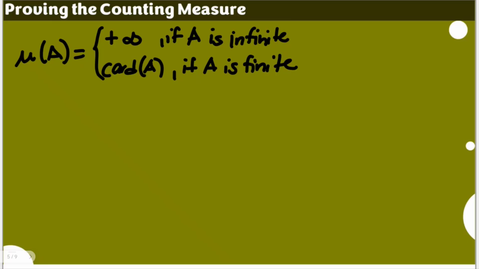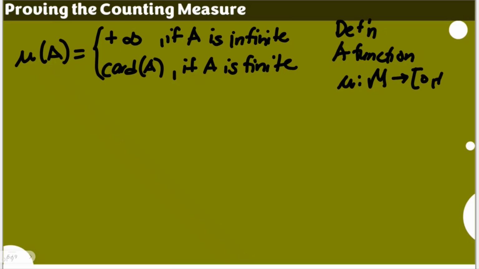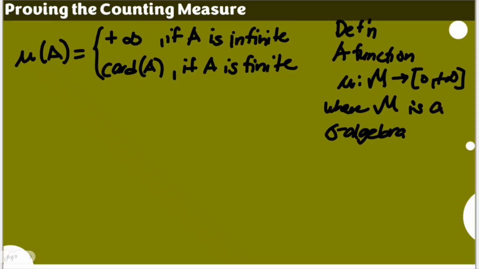I will write here the definition of a measure function. Let's say this is the definition of a measure: a function mu, with mapping from the script M into the interval 0 to positive infinity, where M, or the script M, is a sigma algebra, is a measure if it satisfies the following.